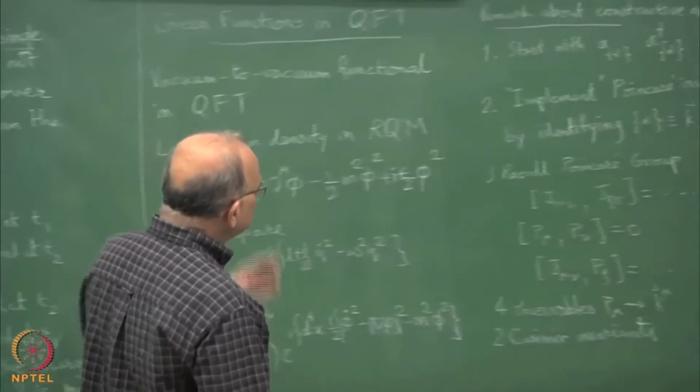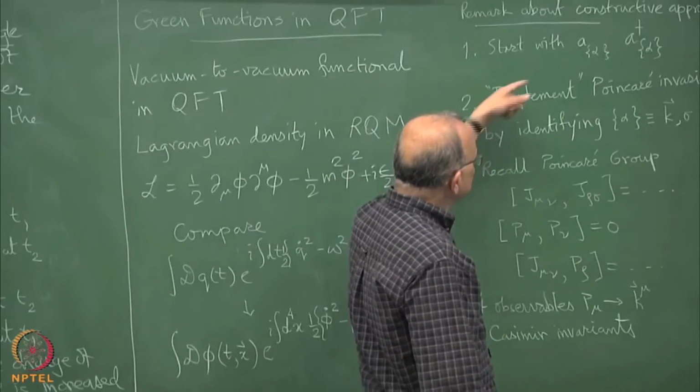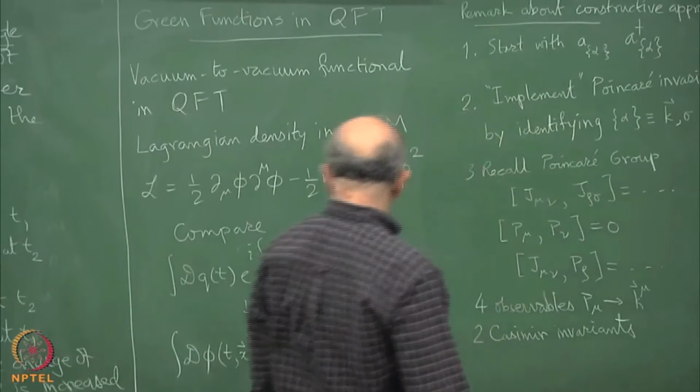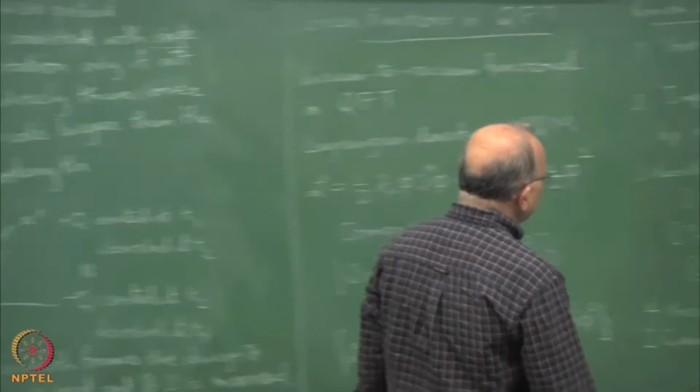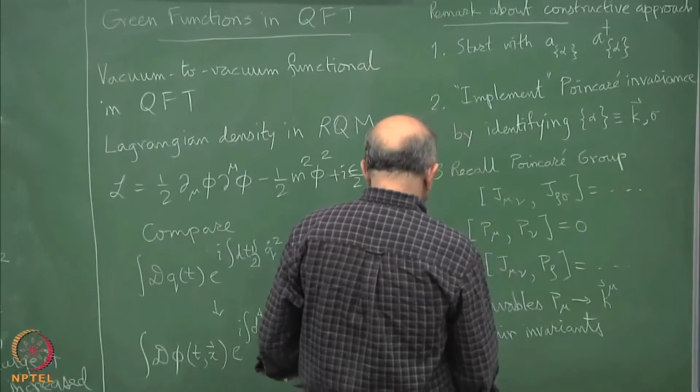So in the constructive approach then, it goes like this, and you choose the A dagger to be like this, and at this point you argue that you need to construct fields.